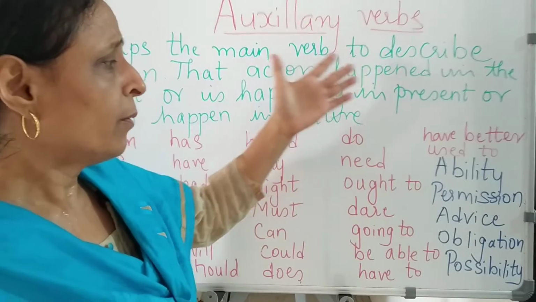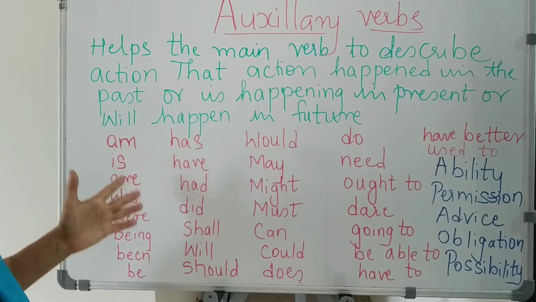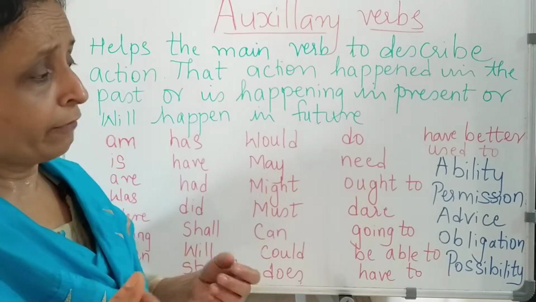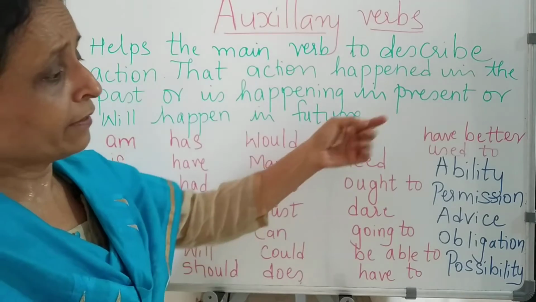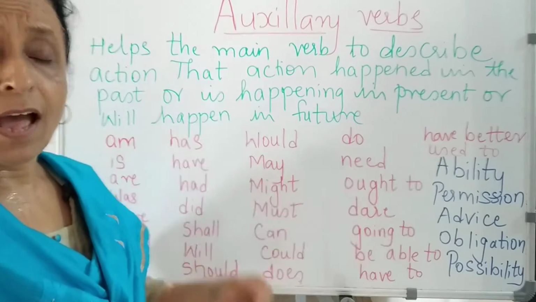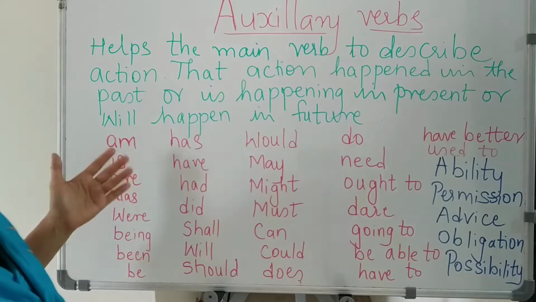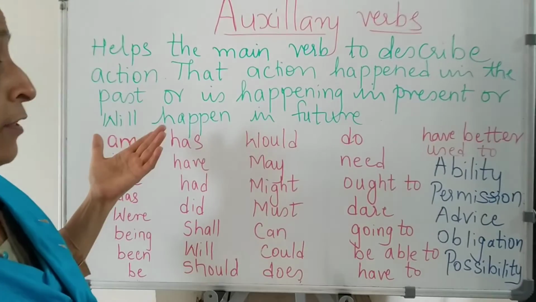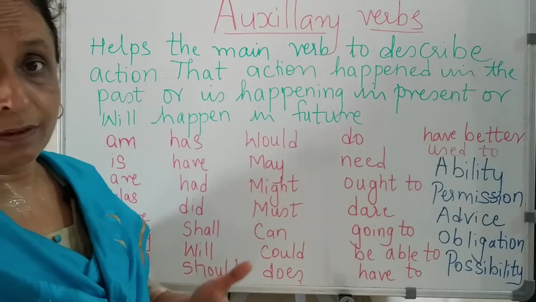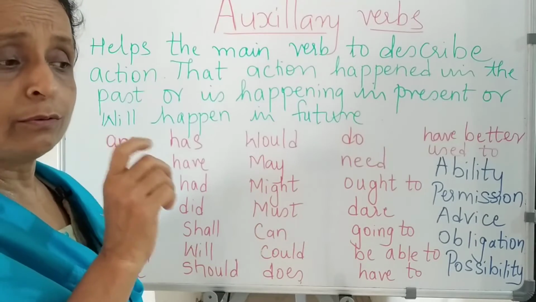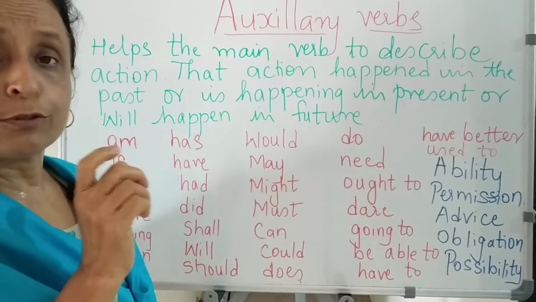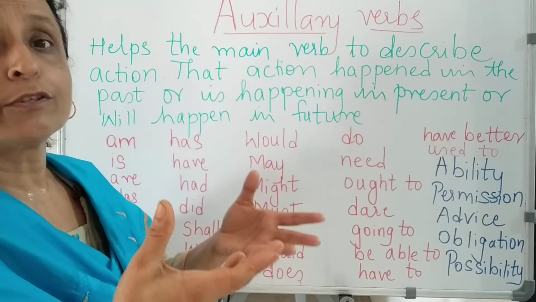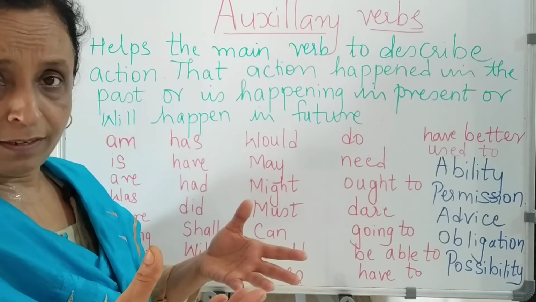So there are many auxiliary verbs which show different moods, different qualities, and different tenses. They show whether it's active or passive, or a question, or an answer. They are used in various places to form a sentence which expresses your feelings correctly.